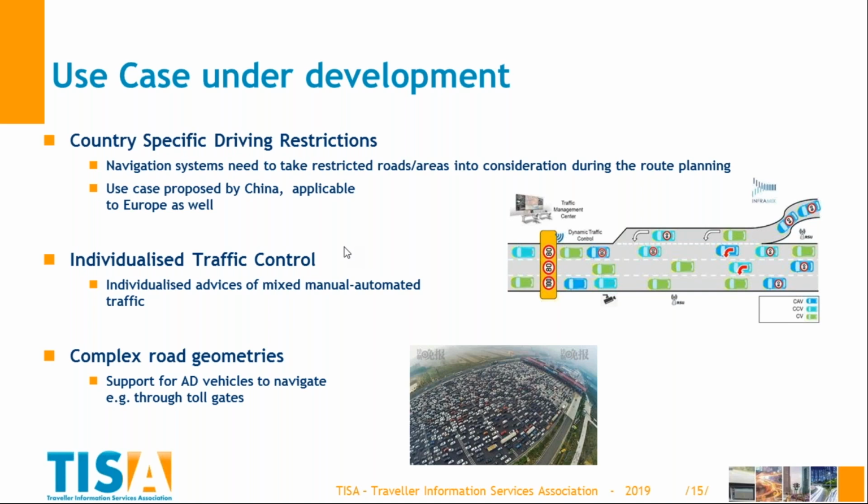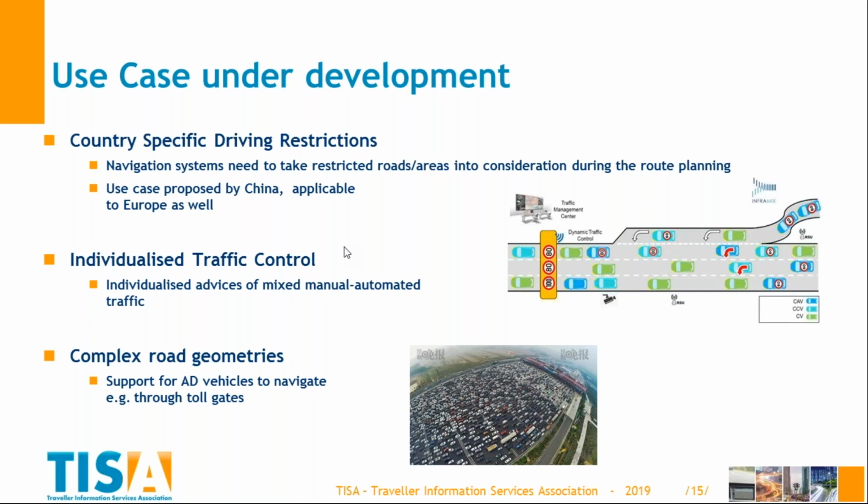It is very important that navigation systems take these road restrictions into account for better route planning. Of course, this is a use case for China, but it's also applicable for Europe. So we are now looking at how TPEC can take all these restrictions into consideration.